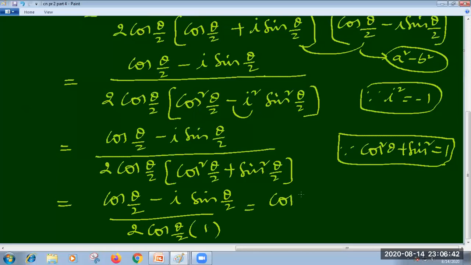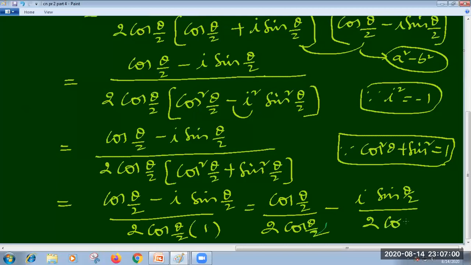Separating the denominator, this is cos theta by 2 over 2 cos theta by 2 and minus I sin theta by 2 over 2 cos theta by 2. So the cos will get cancelled, and this becomes 1 by 2.